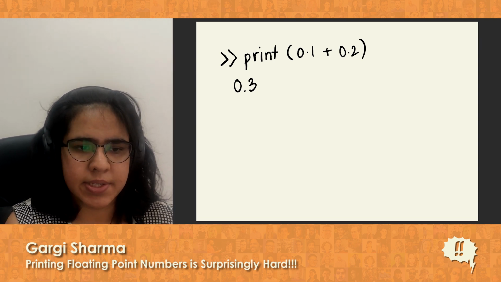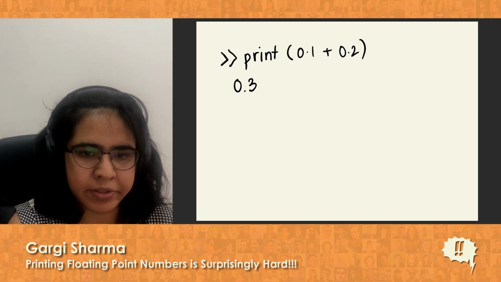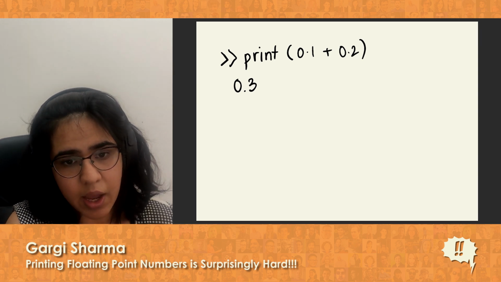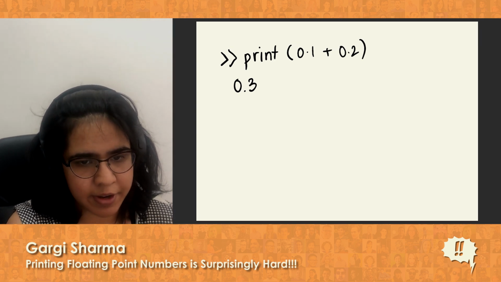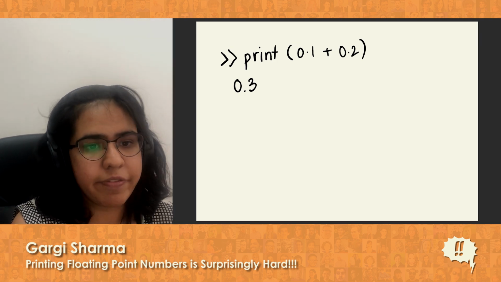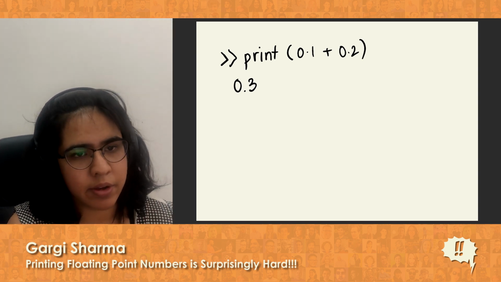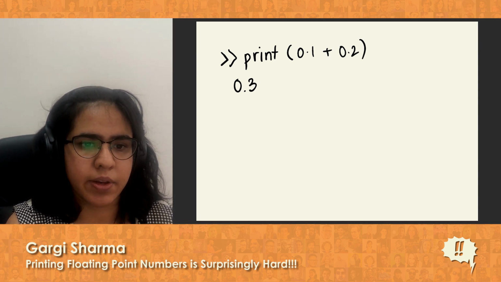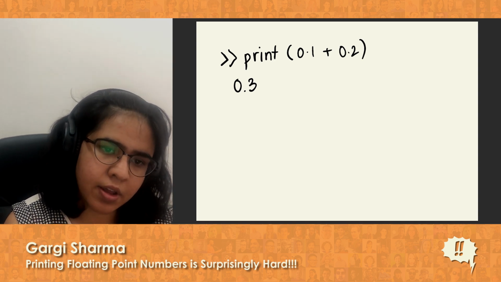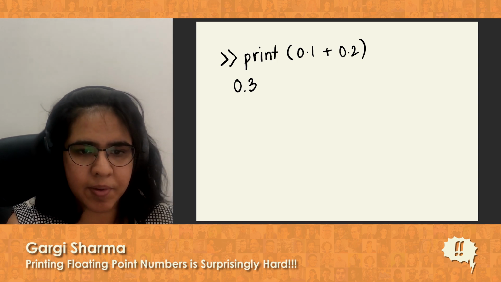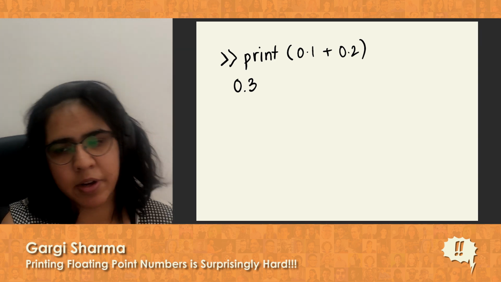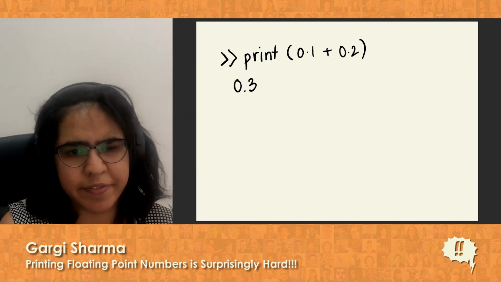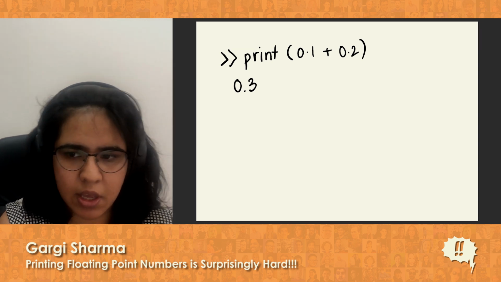So all the algorithms assume that the input problem is already solved, and that what they are solving is the printing problem. So if you go to almost all the languages and print 0.1 plus 0.2, you will not get 0.3, because the printing algorithms are not sophisticated enough to do this correctly.